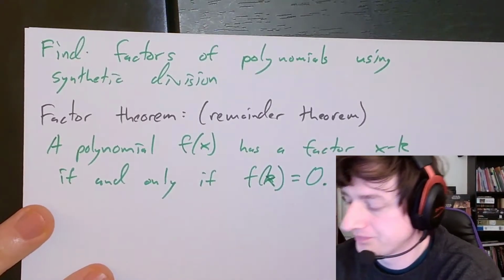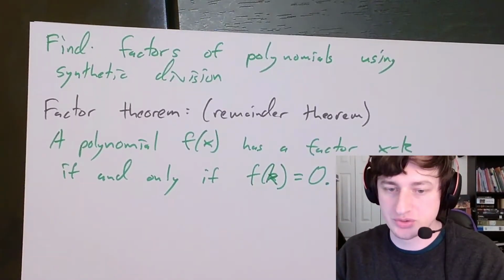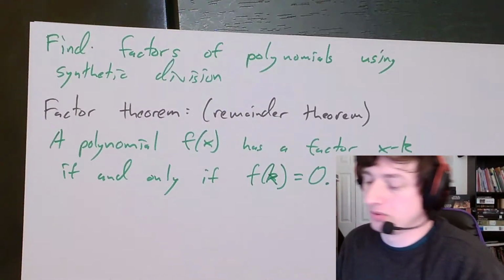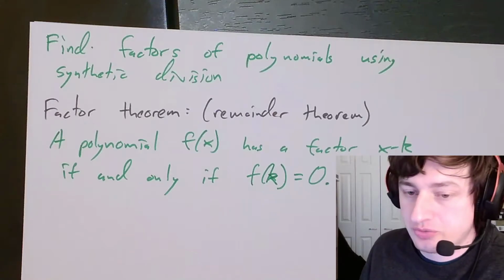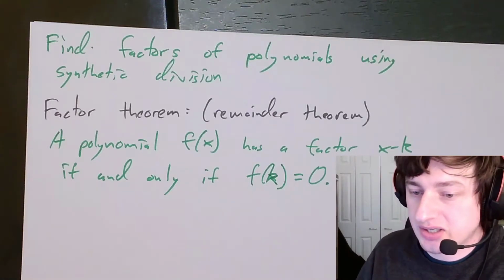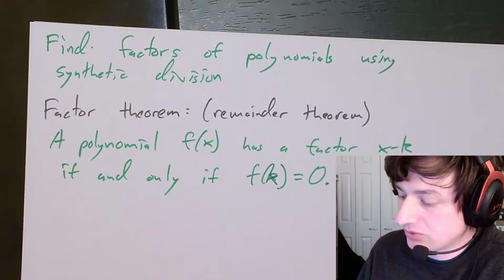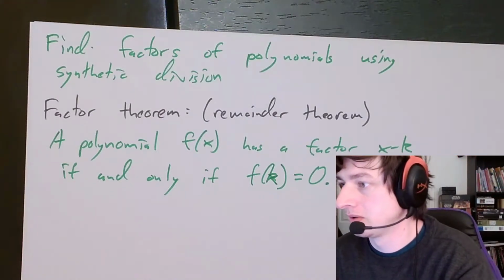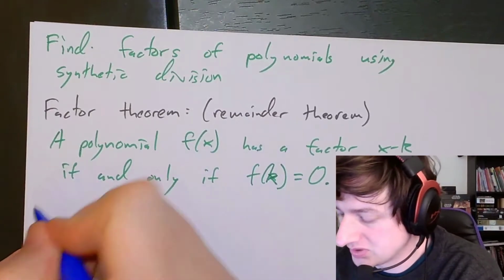So how is this useful? Well, if we do the synthetic division and we get 0 for our remainder, this is what this really means. That's the theorem. This is how we're going to use it.